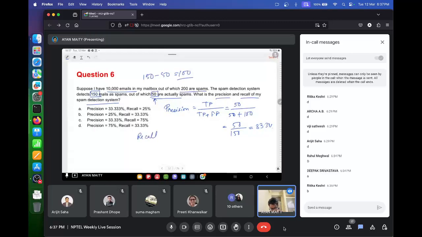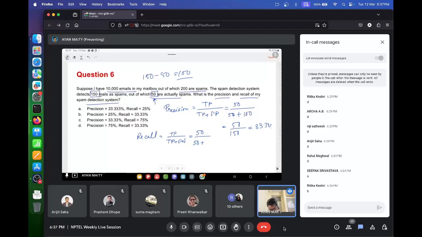Similarly for recall you have to compute TP divided by TP plus FN. TP is already computed as 50. Now FN means falsely classified as negatives, that means those are actually spams but wrongly classified as negatives.